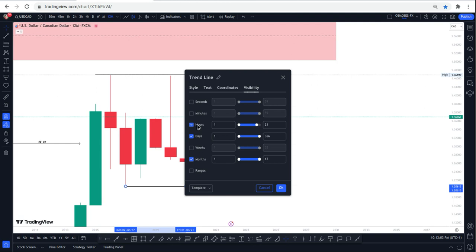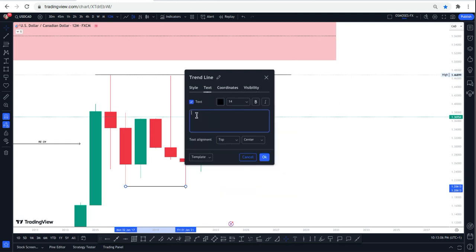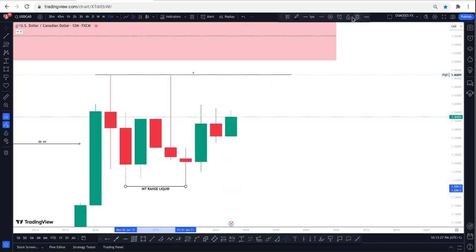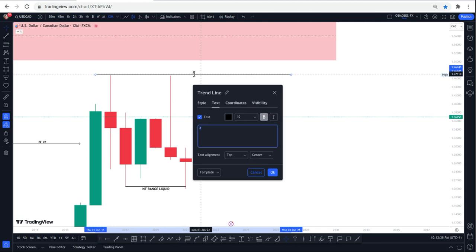So let me make sure I mark it internal range liquidity. So I push this down, make it bold, visibility down to fine. Then I like to lock it. So price cleared out internal range liquidity. We are heading out for external range. So let me change this one to external.